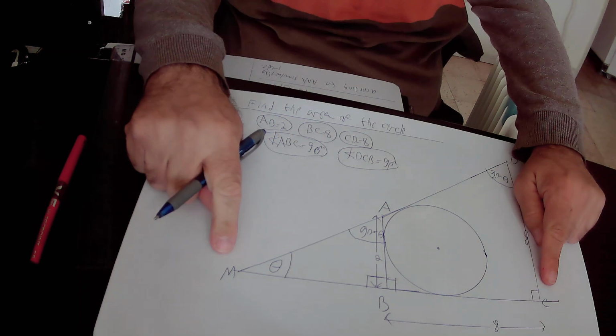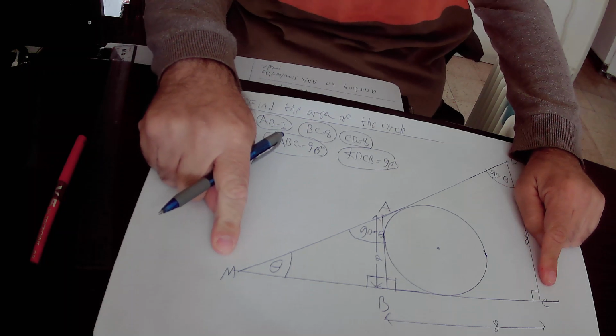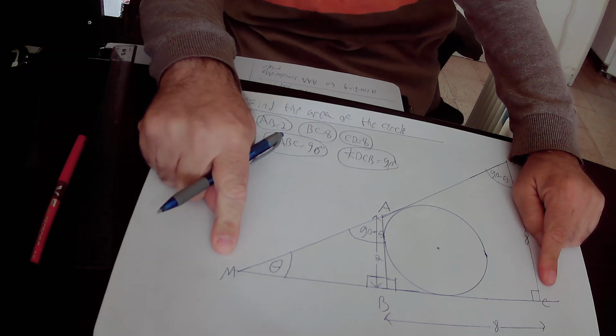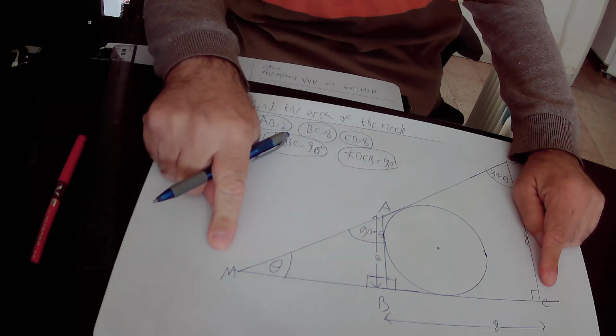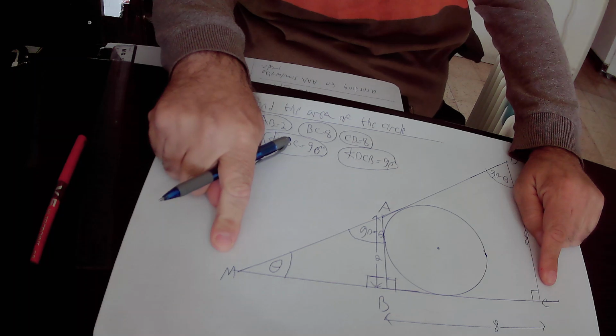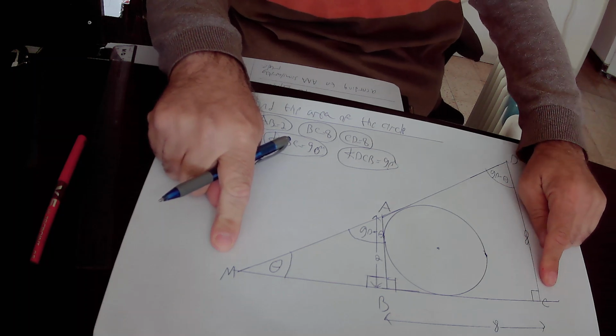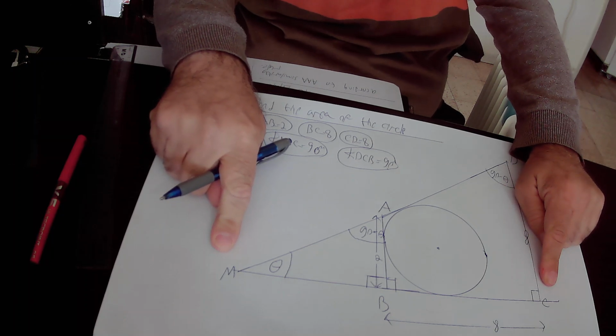What is the length of MC? From the drawing, it is very easy to see that MC equals MB plus BC, and BC is 8, so in total MC equals MB plus 8.